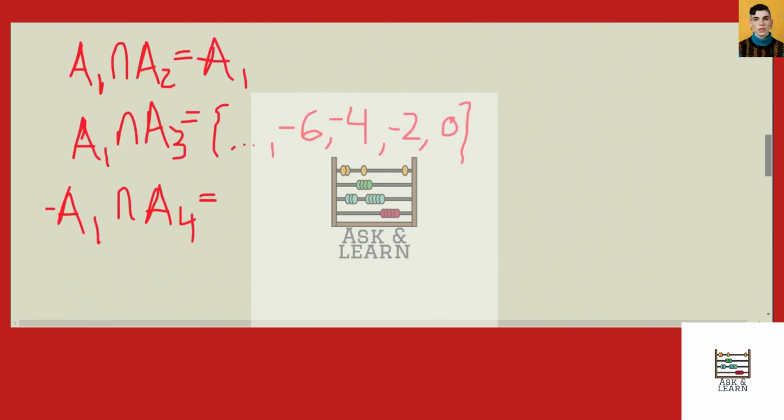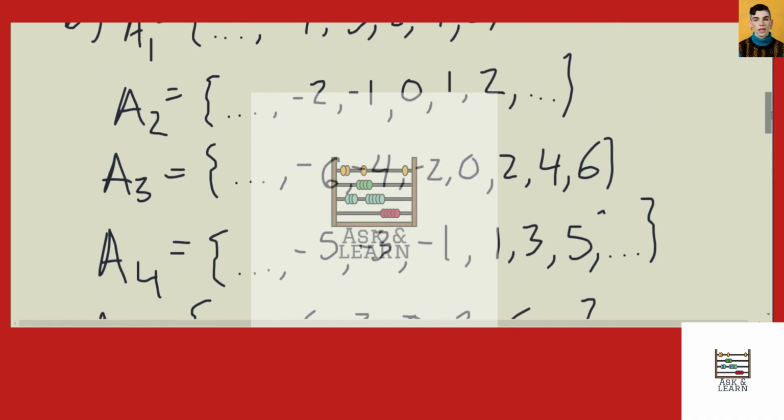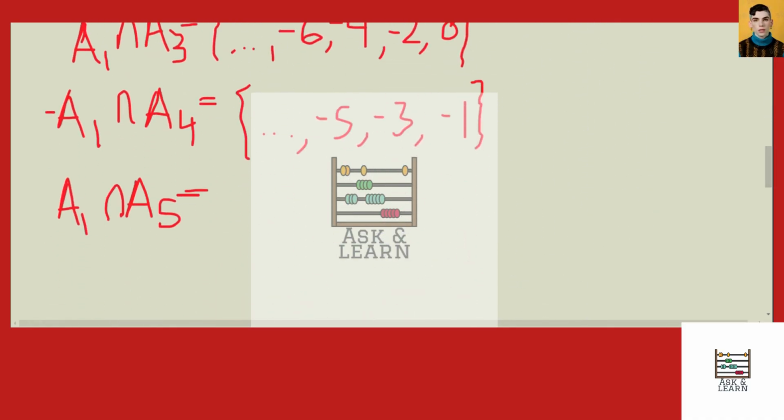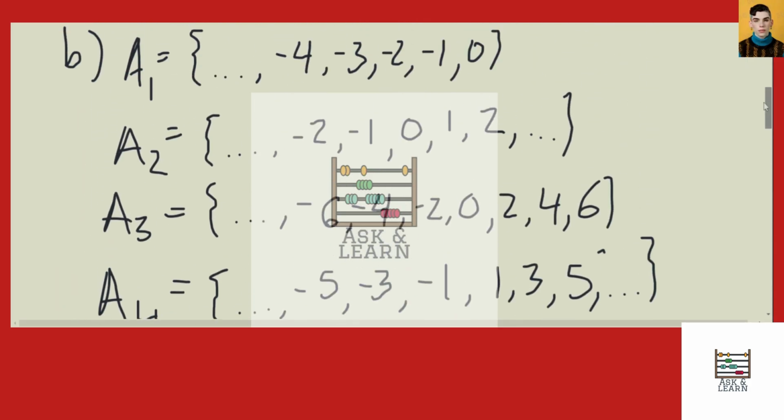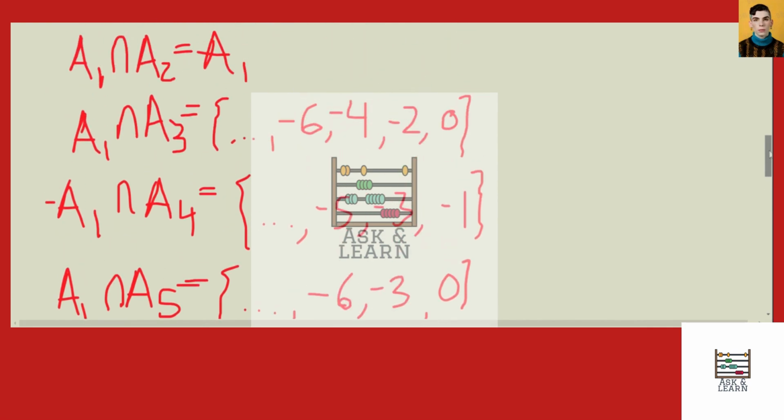This is just going to be the negative odd integers, so -5, -3, -1. And A1 intersect A5. This is the intersection of the negative integers with the integers mod 3. So this is going to be -6, -3, 0. So these are all non-empty intersections.